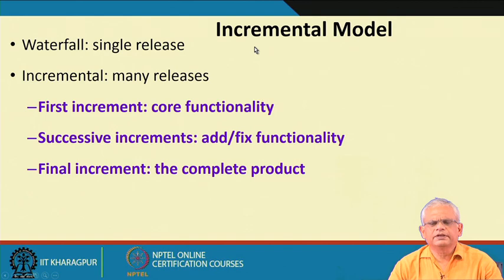In a purely incremental model, the software is developed in increments and delivered to the customer, but once the functionalities are delivered, these are not changed. But in an incremental model with iteration, the functionalities are delivered to the customer in increments, but also the customer feedback is taken after each functionality is delivered, and those are incorporated in the next iteration.